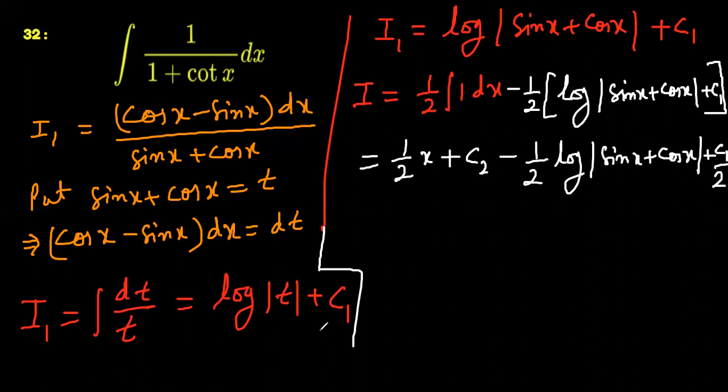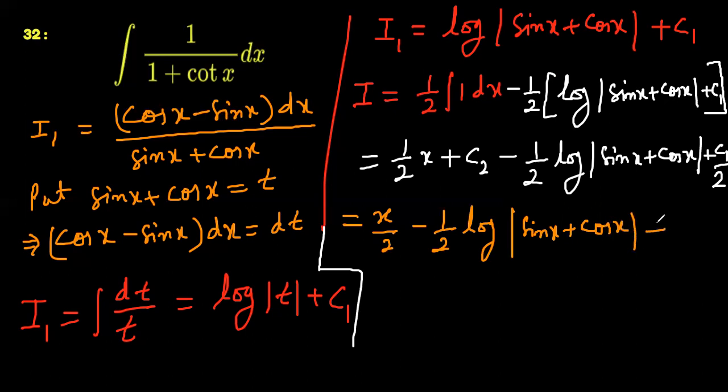The answer would look like this: I is equal to half x, we can say x by 2, that's a better way to write it, x by 2 minus 1 by 2 log of mod (sin x plus cos x) plus c, where c is equal to c1 by 2 plus c2.